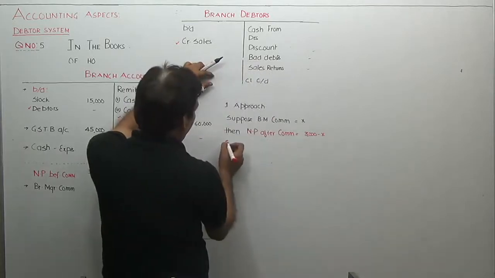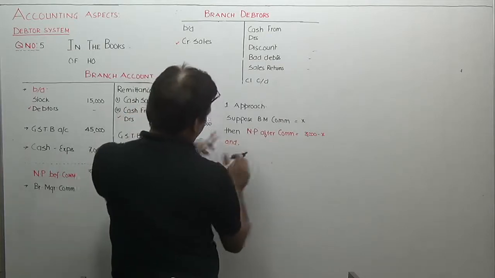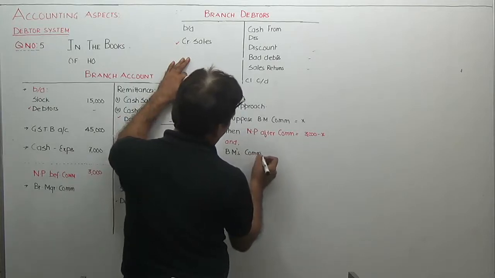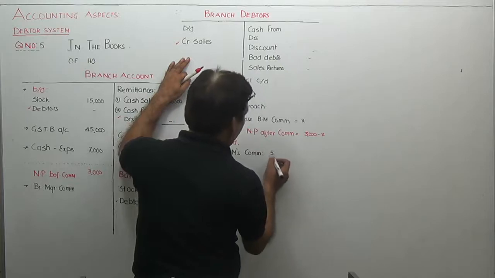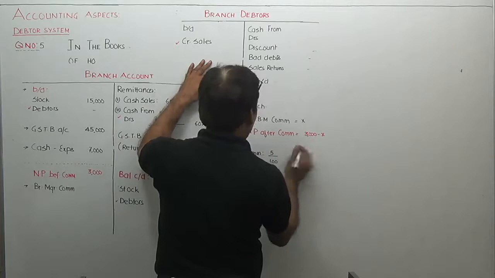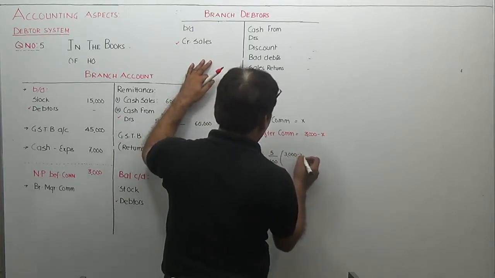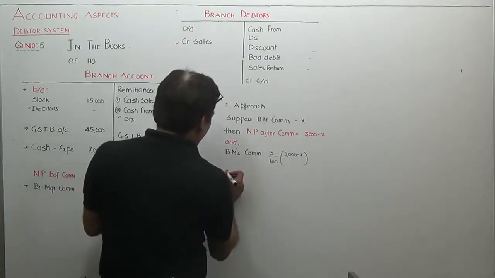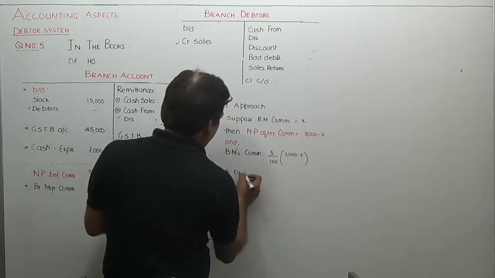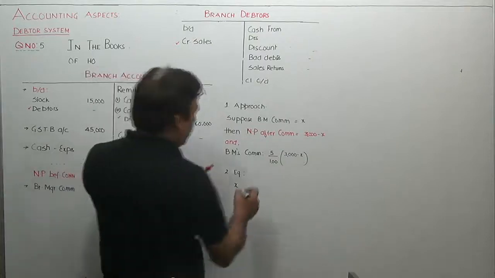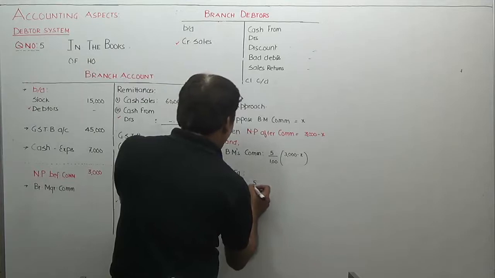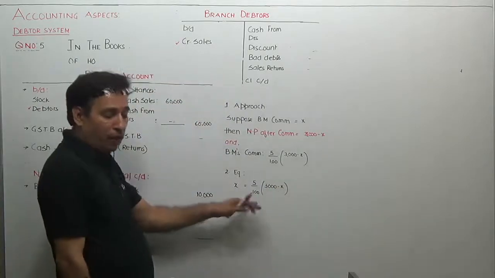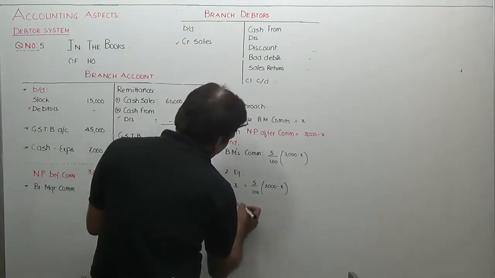And the branch manager's commission will be 5% of 3,000 minus X. And you have presumed the branch manager's commission is equal to X. So now you have an equation: X should be equal to 5% of 3,000 minus X. If I solve it this way, I will get 143.